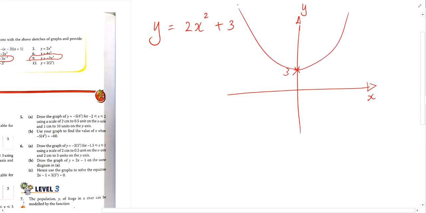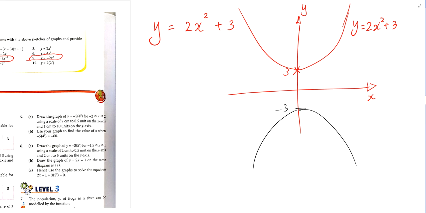Our parabola looks like this: y equals 2x squared plus 3. Okay? I want you to flip this image along the x-axis. So I want you to give me the equation of the graph that looks like this. So this is the graph of y equals to what?